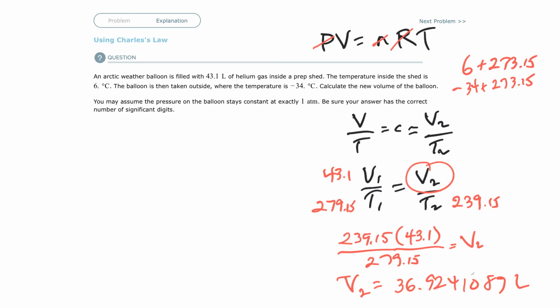I could probably just do 3 significant digits here. I'm not 100% sure, 3 or 5. I'm going to just do 3. You're going to get some wrong. You just are. It's life. So if I go to 3, then the 2 goes away, and my volume is going to be 36.9 liters.